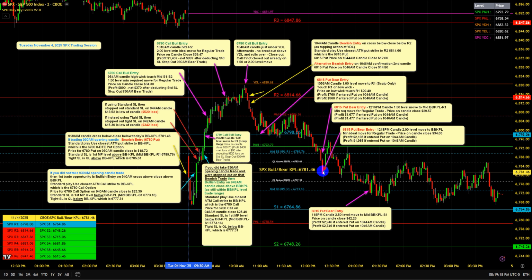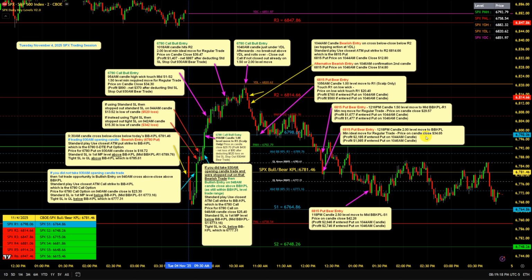At 12:18 we have a 2-level ideal minimum move to hitting the BBKPL. It's a 2-level move. We've gone from R2 down 1 level, 1.5 levels, 2 levels. The BBKPL is 2 levels below the R2, so that is the 2-level ideal minimum target for a bearish trade from R2.